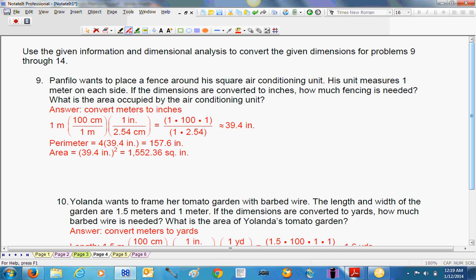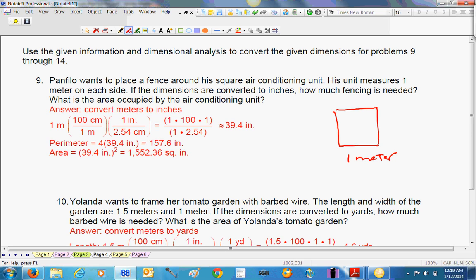So I think it's interesting because, like I said, we looked at this previously when we were doing the sample measurements. So he has a unit measure of 1 meter on each side. If we drew this picture, we'd know what that looked like. If he's talking about one meter on each side, if you remember, so you got 1 meter here, if it's a square, it's going to be 1 meter all the way around.